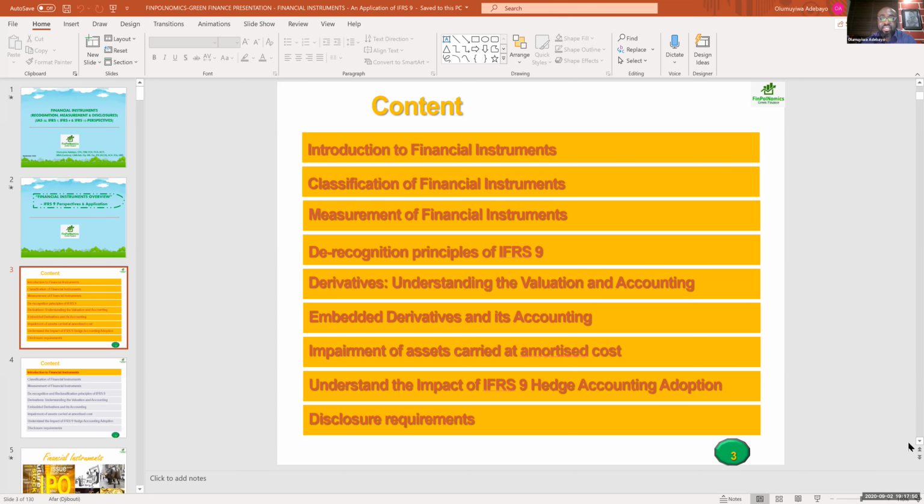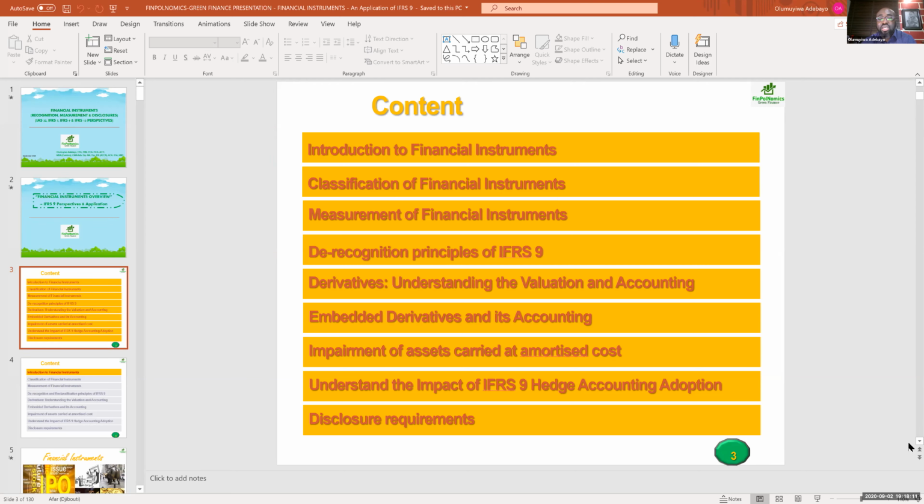Okay. Now, the following content is necessary for us to discuss in order to have a better understanding of the requirements of IFRS with respect to financial instruments and their accounting implications. The first one is to introduce us to what a financial instrument actually is, and thereafter we'll try to classify financial instruments.